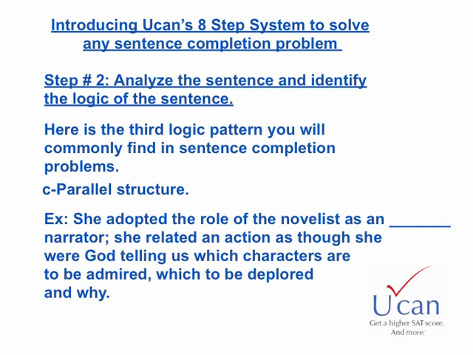She relayed an action as though she were God, telling us which characters are to be admired, which to be deplored, and why. First of all, we have a parallel structure because we have 2 independent clauses separated by a semicolon. Typically when you have a semicolon or a colon separating 2 independent clauses, you're dealing with a parallel structure.